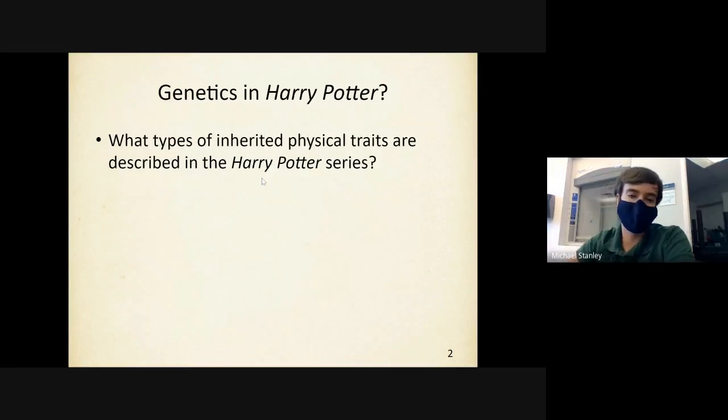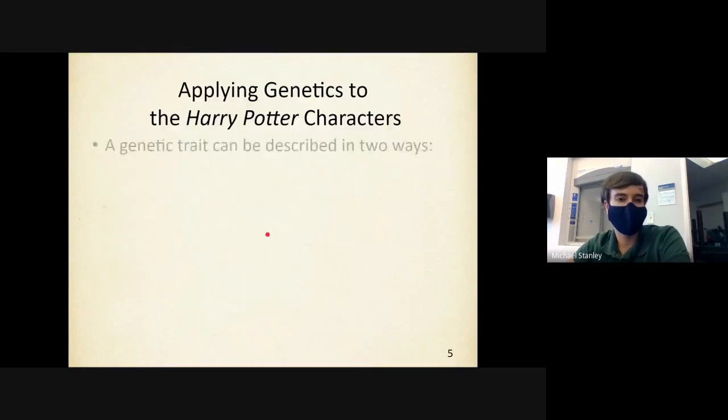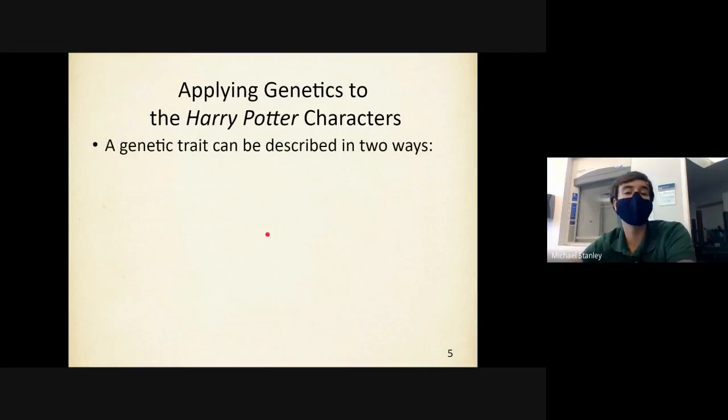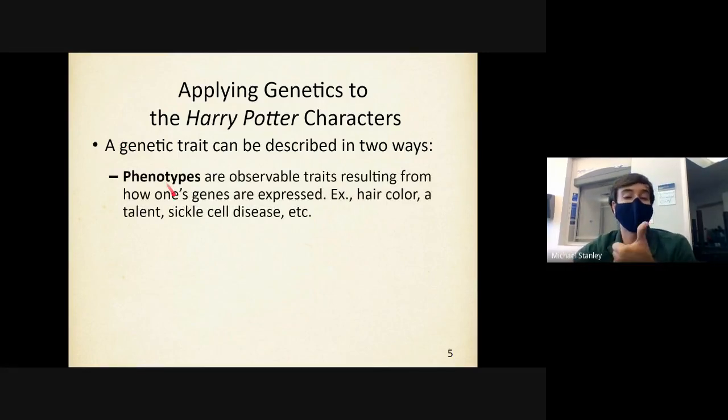So there are a couple different things that we talked about when we talked about genetics. The first one was the 2 different ways that we can describe a trait that you get from your genes. So you can describe the phenotype, which is the physical expression of the gene.